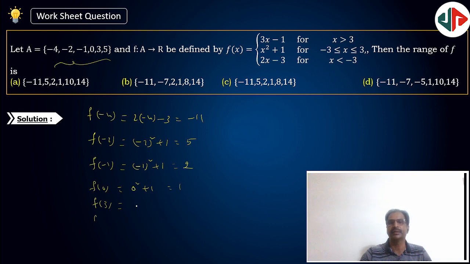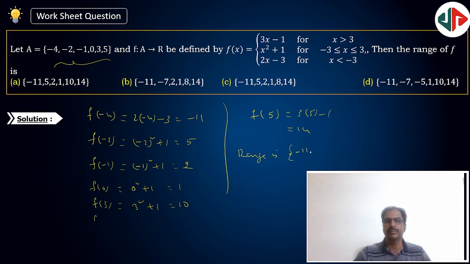F of 3, again second interval: 3 square plus 1, 10. And finally f of 5 lies in the first interval: 3 into 5 minus 1, 14. So as per the definition, range is nothing but the set of all images: minus 11, 5, 2, 1, 10, 14. This is the range.